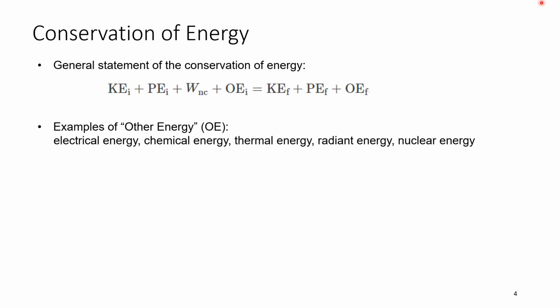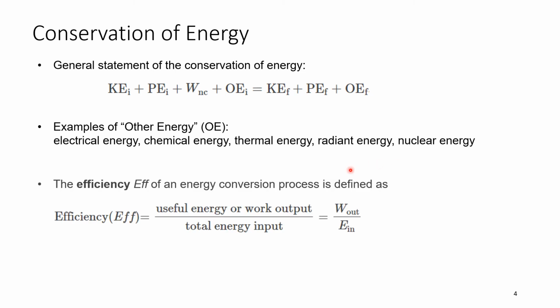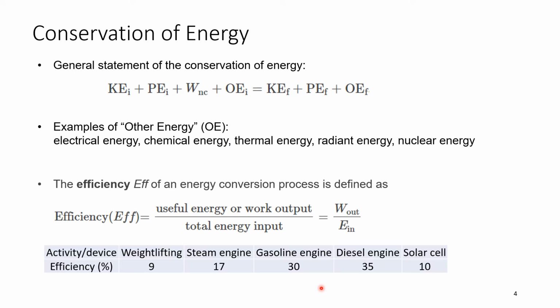Even though energy is conserved in an energy conversion process, the output of useful energy or work will be less than the energy input. The efficiency, EFF, of an energy conversion process is defined as useful energy or work output divided by the total energy input. Here are some efficiencies of mechanical devices and human activities.